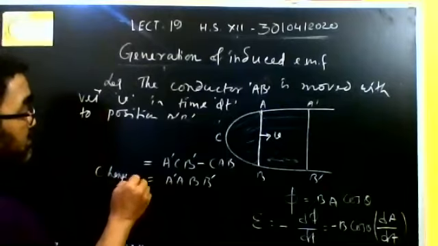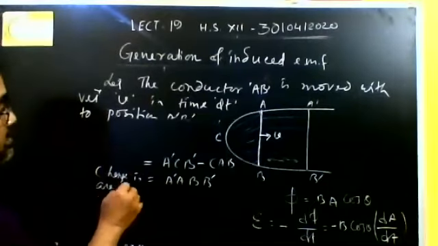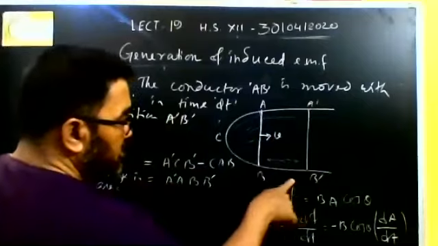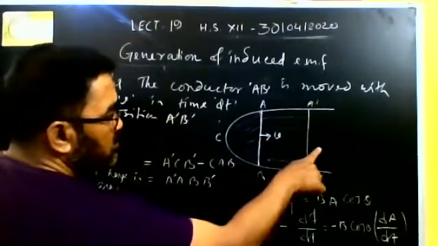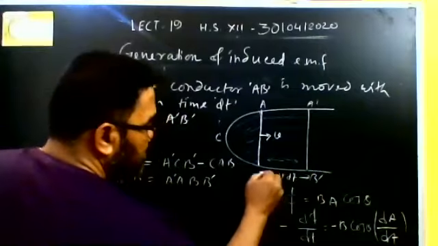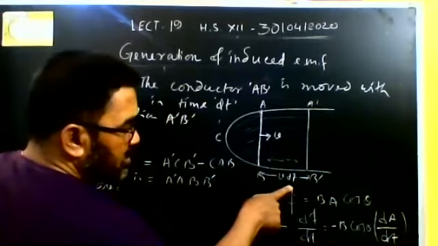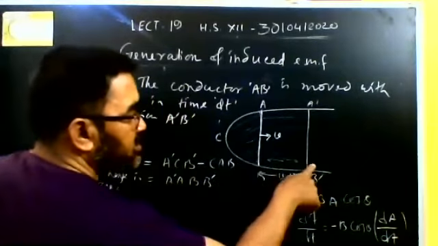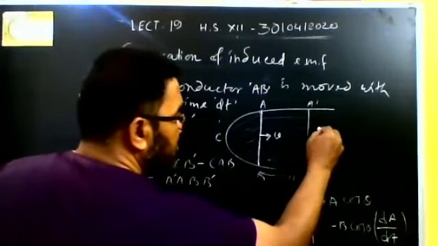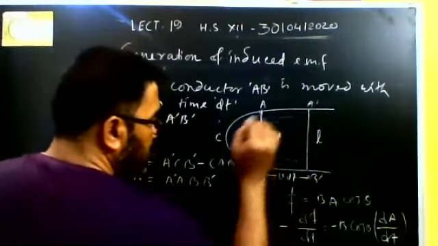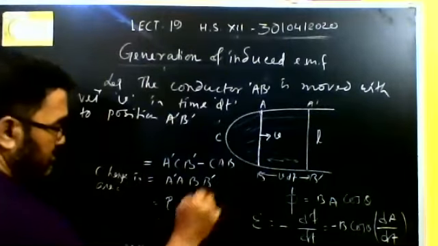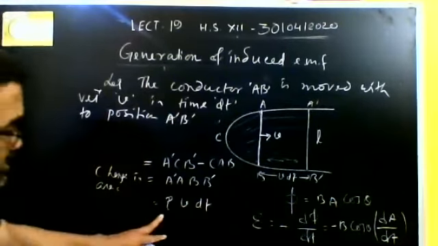A dash B dash is the new position. We have moved it by v, so this distance is v dt. Dt is the time, and velocity into time gives the distance. If the length of the conductor is L, the area will be L v dt.